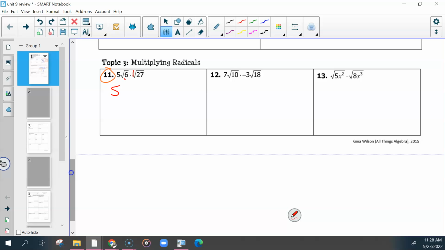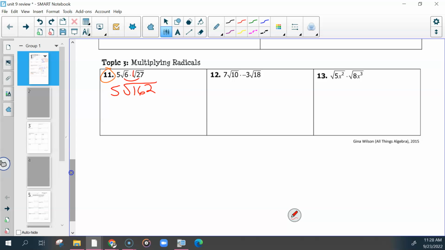And on the insides, you'd be multiplying 6 and 27. 6 and 20 is 120, 6 and 7 is 42. I feel like that's right. Yeah, you're right.